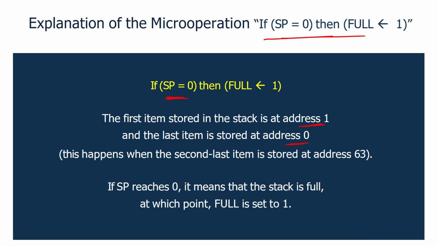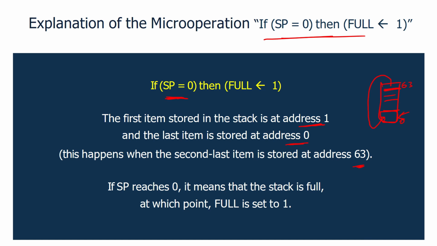This happens when the second last item is stored at address 63. So in this case, when my top element was at location 63, this was the second last value, and after this something new came up and we stored it here. Now my stack is full. When location 0 is filled, my stack is full.